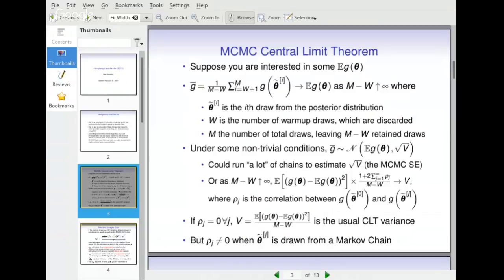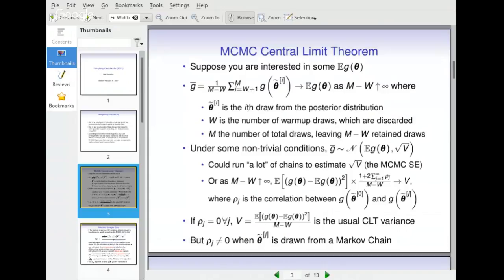But in the MCMC case, these rhos indicating the correlation between draws within a Markov chain are not going to be 0. And so consequently, the Markov chain Monte Carlo standard error is going to be a little bit bigger than it would ideally be if we could obtain independent draws from the posterior distribution.